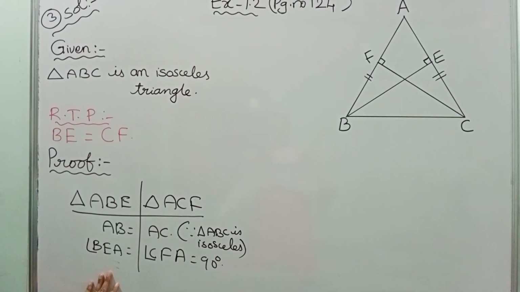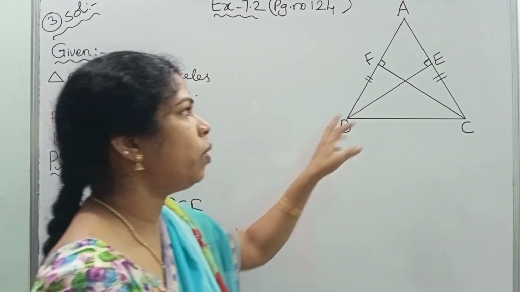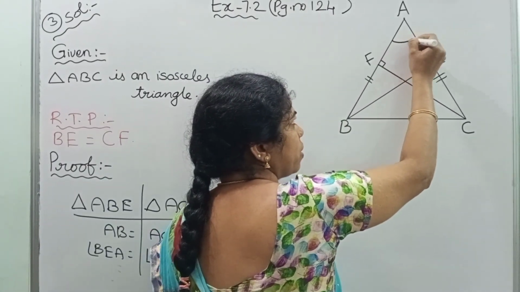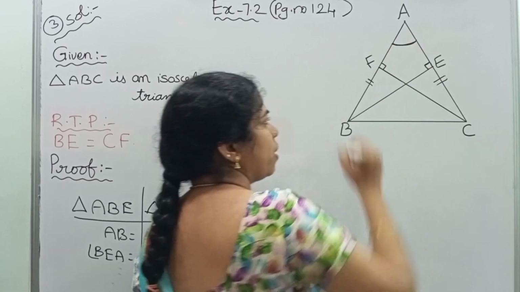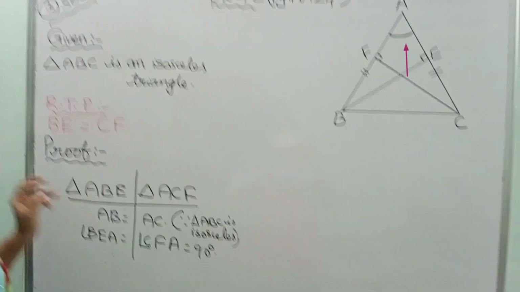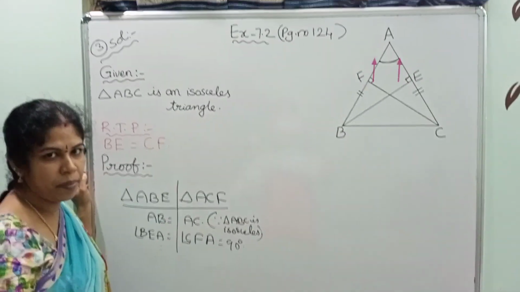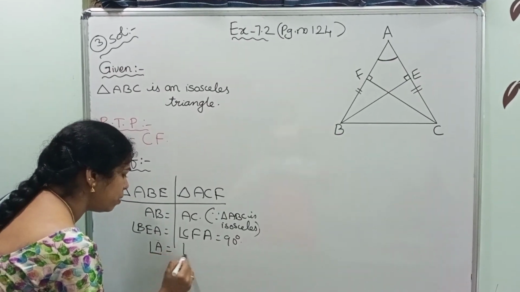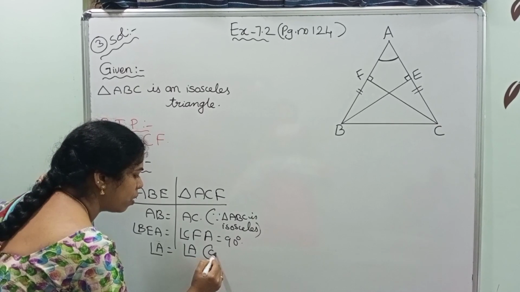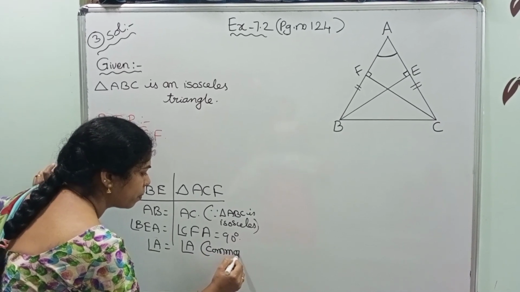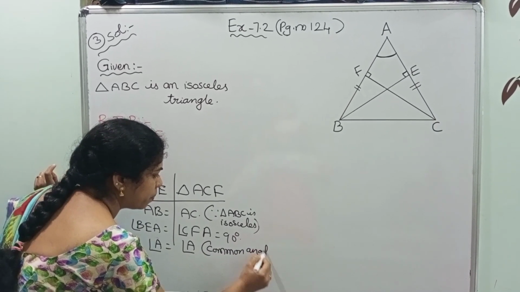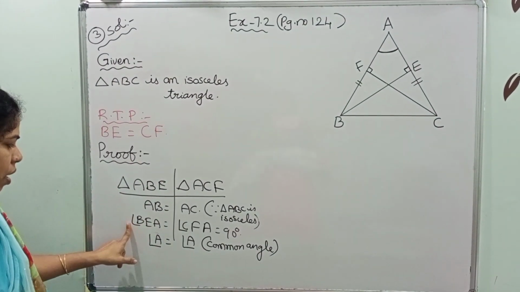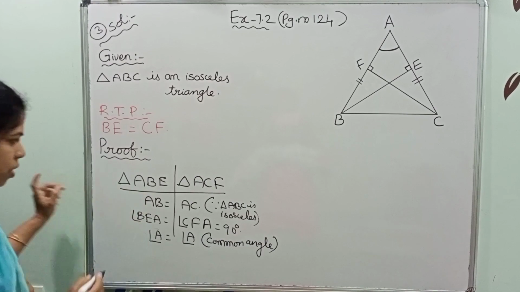Then we need to recognize the third equal part. If you observe these two triangles, this angle A is common angle for both the triangles. So the common parts every time they will be equal. So angle A is equal to angle A, common angle. So here we can observe AAS congruency.